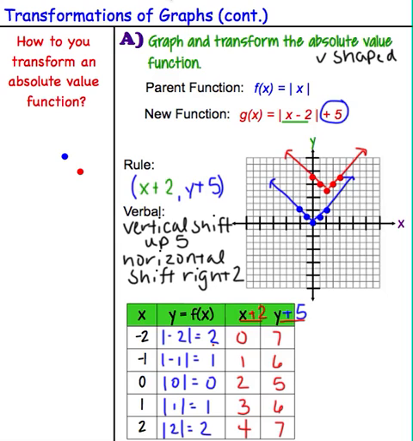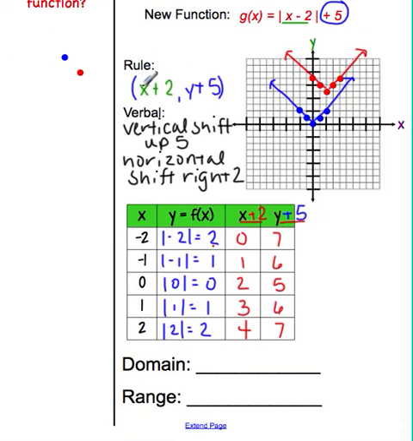The last part that we need to do is get our domain and range of our new function. So if you recall, domain and range are simply our x values and y values. If we look at our domain, because this line keeps going forever in both directions, because it'll keep getting wider, our domain is going to be negative infinity to positive infinity.